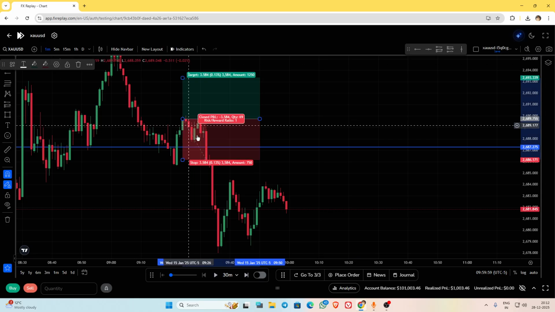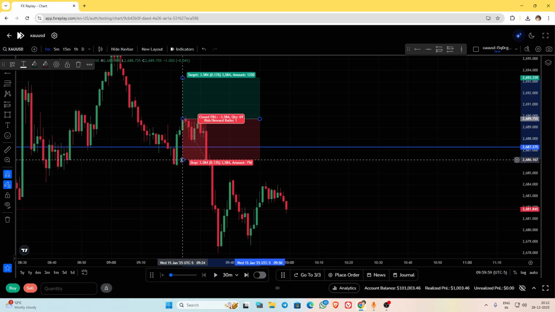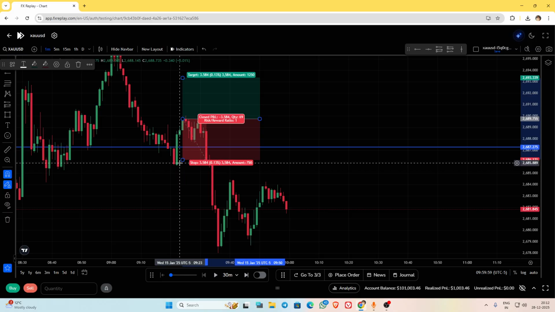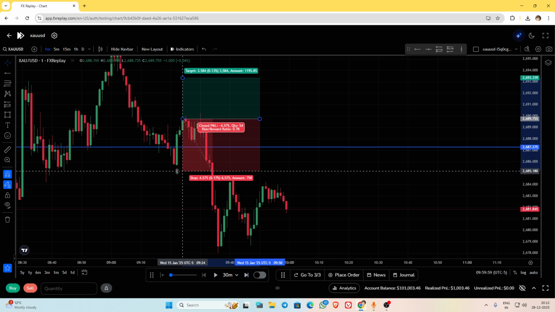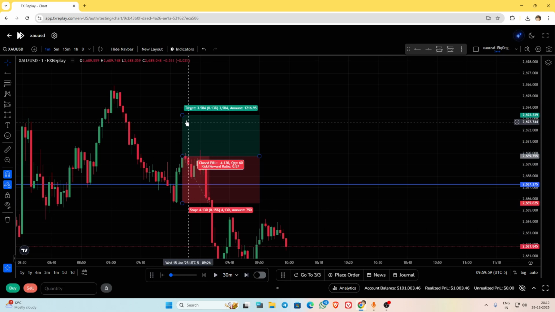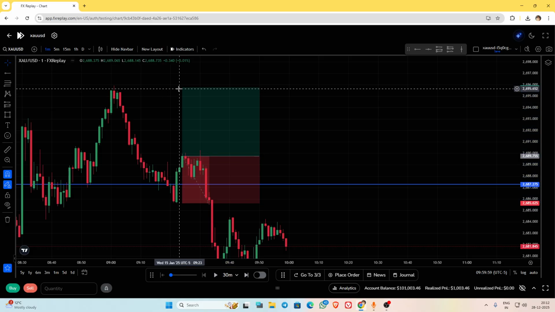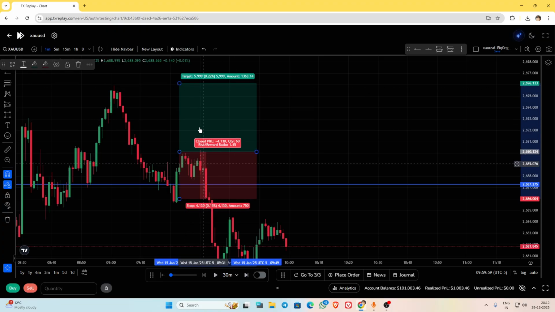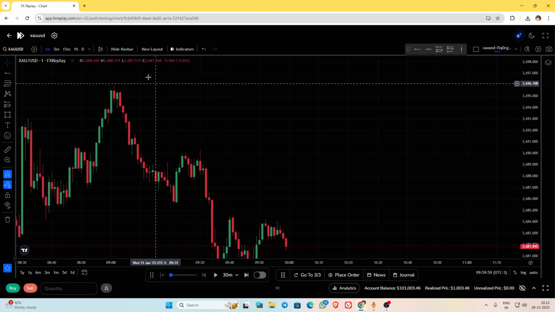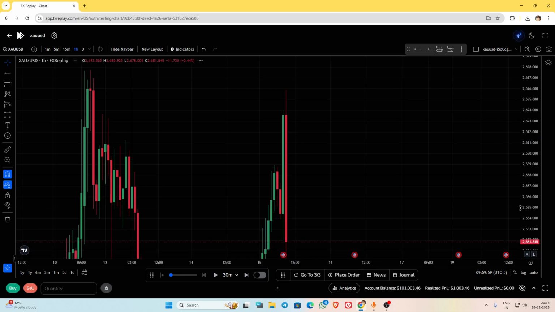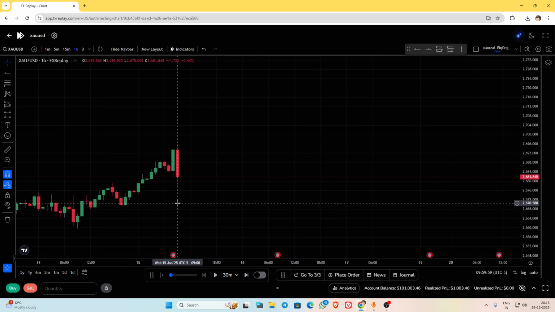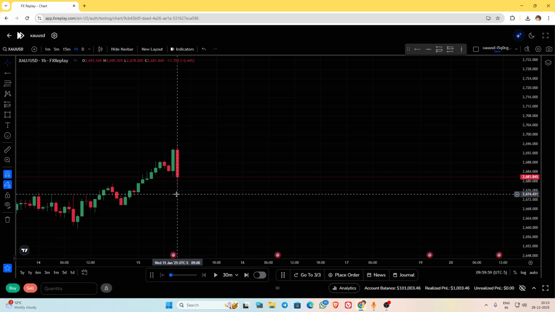I mistakenly clicked on this 30-minute button which forwarded this price action. So it was a loss. So we will count this as a loss. So no problem. We have lost this point.